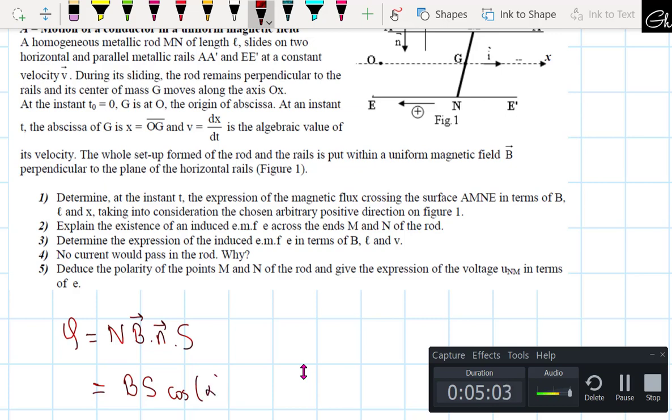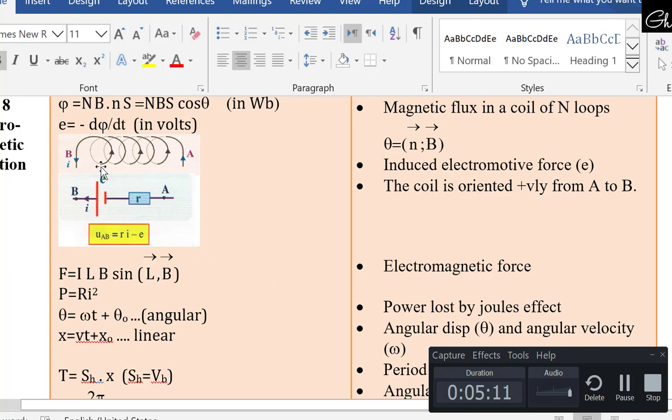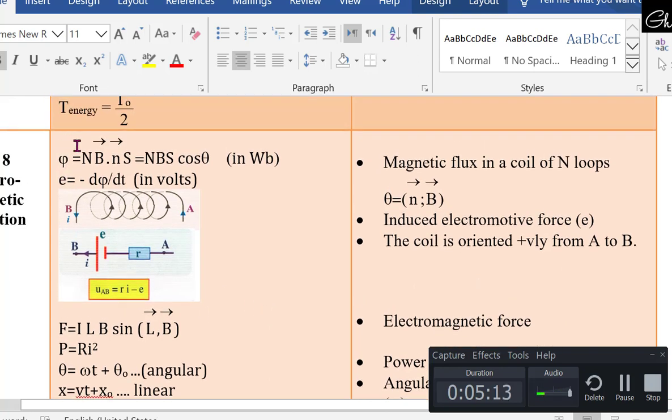You can write it cosine alpha or cosine theta. And reminding you by the summary that I have sent to you, flux is N times B times n times S, or NBS cosine theta. In this exercise, N is 1, we have one loop. The formula will be BS cosine the angle.